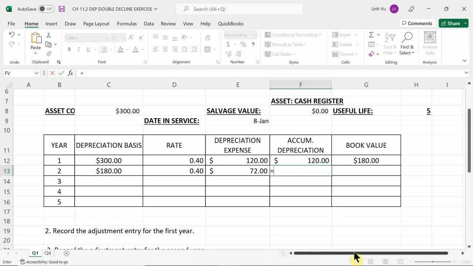So in this case, what's my previous year? How much did I use my machine from the previous year? $120, right? What did I use it this year? 72. So what's my grand total that I depreciated my asset for?